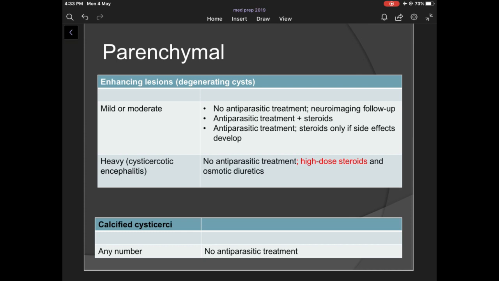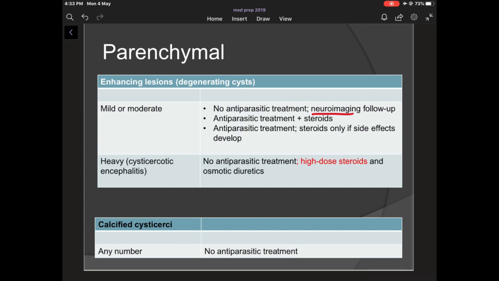Now let's talk about what we do in case of enhancing lesions or degenerating cysts. If it is mild or moderate, no antiparasitic treatment is required, just neuroimaging on follow-up. We can also give antiparasitic treatment and steroids depending on the condition of the patient or clinical presentation, and we can try antiparasitic treatment and steroids if only side effects develop.